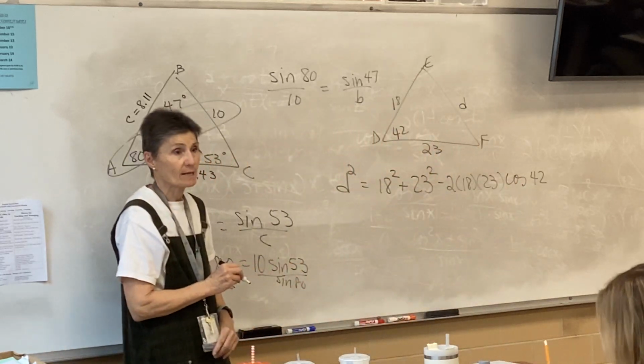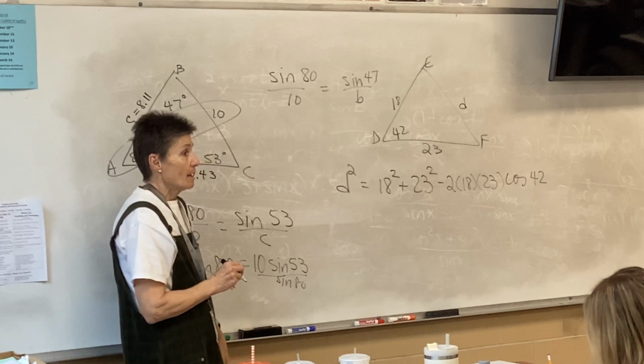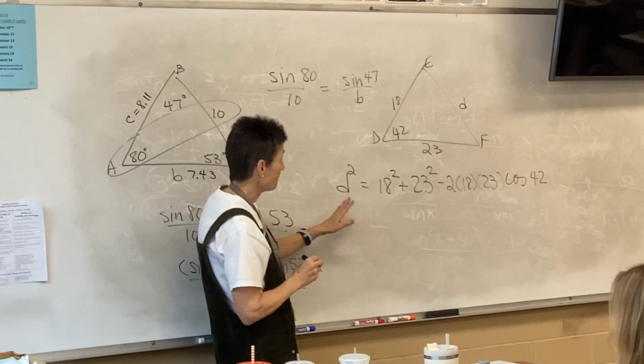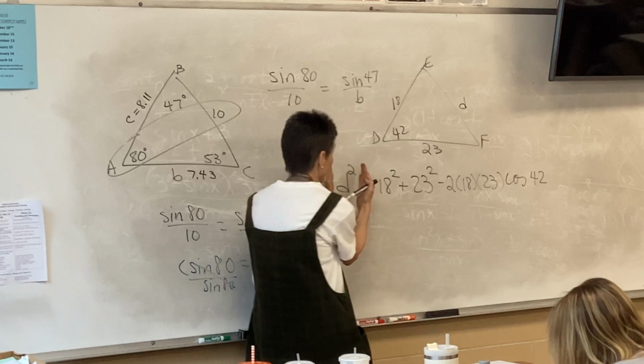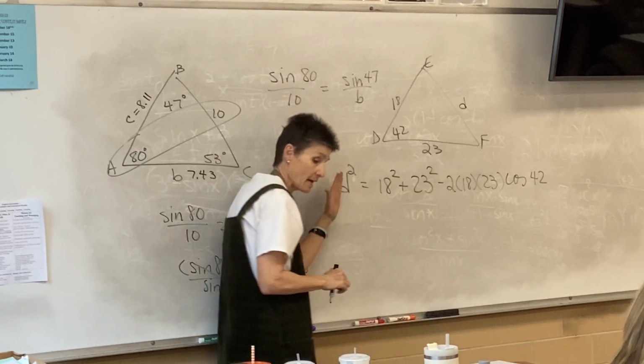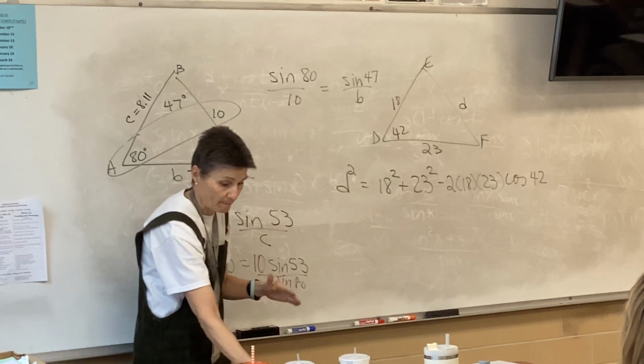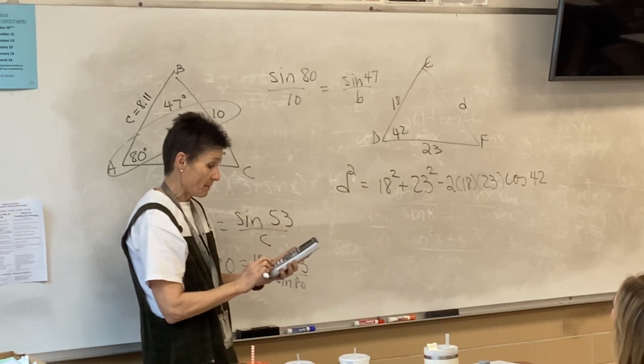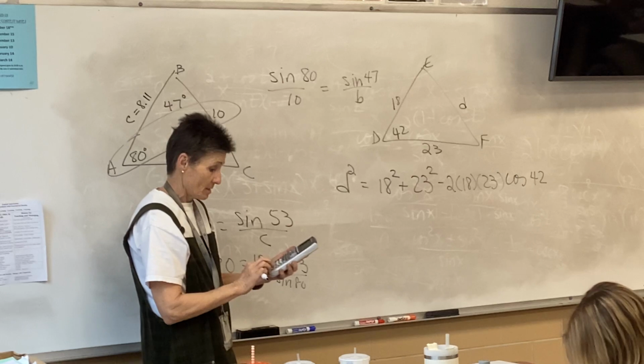That's my law of cosines. And this one, because it's set up with the variable already by itself, this is an easy one to type in. So we just type 18 squared.